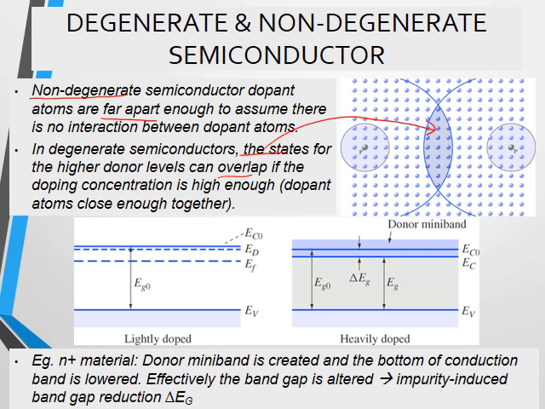This will create a dopant mini-band as shown in this figure. In this example of an N plus material, a donor mini-band is created and the bottom of the conduction band is lowered. This will result effectively in a reduced energy gap. This phenomenon is called impurity-induced band gap reduction, with the difference value denoted as delta Eg.